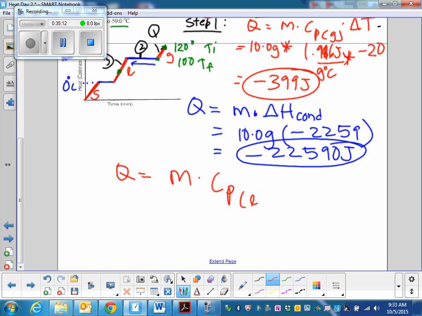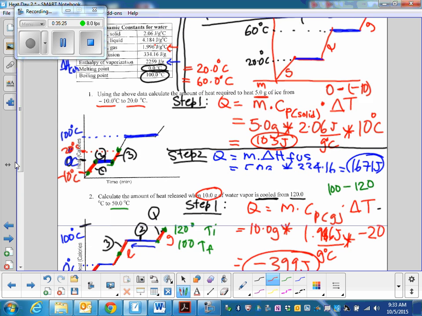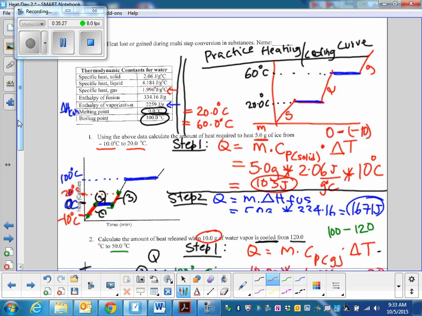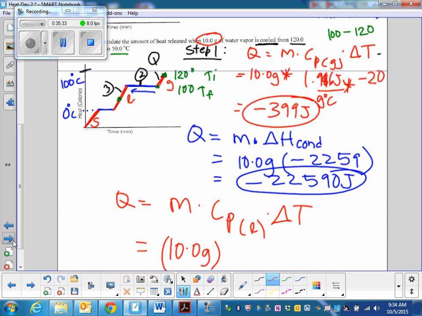Liquid times change in temperature. Very good. So now the mass of my substance is 10.0 grams. I will go up to my table. Gabby, which number will I choose? Specific heat of solid, liquid or gas? Liquid, which is 4.184 times 4.184.